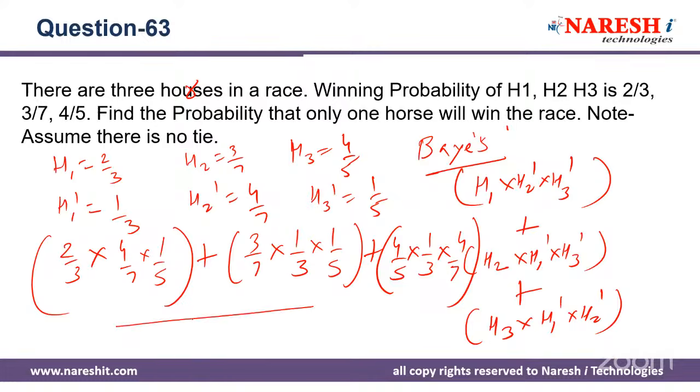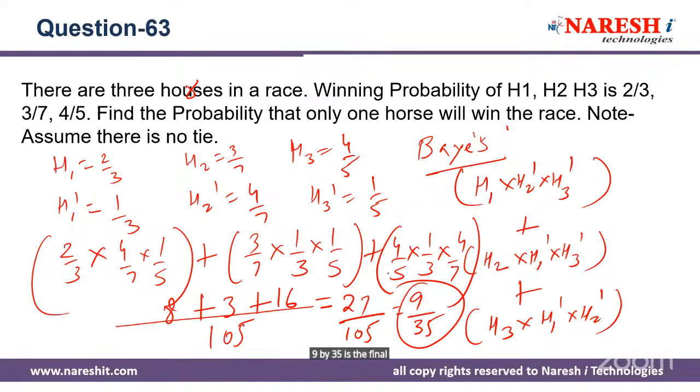Take a common LCM for all the three. 105, 8 plus 3 plus 16, 27 by 105. 9 by 35 is the final answer.